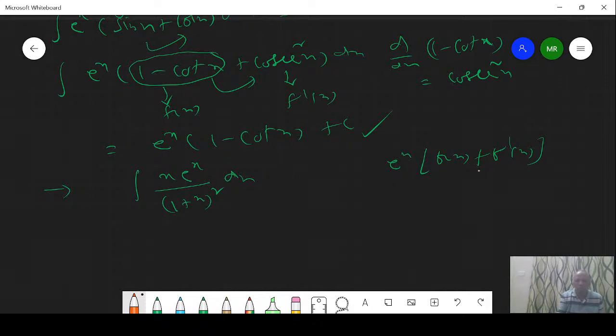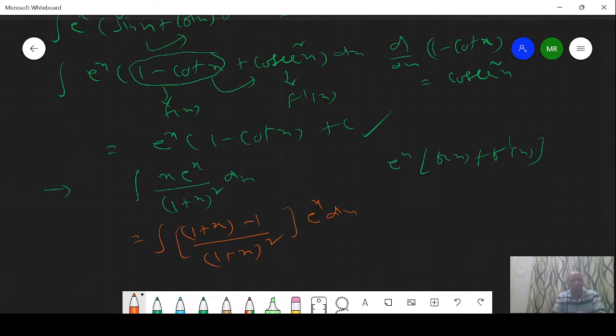If you work out this combination, I can write this x as 1 plus x minus 1. So 1 plus x minus 1 by 1 plus x whole square into e power x dx.